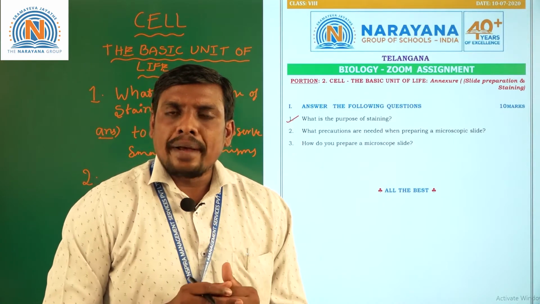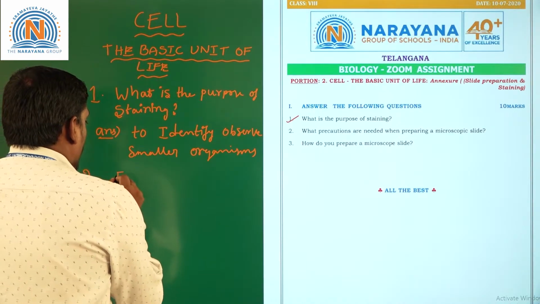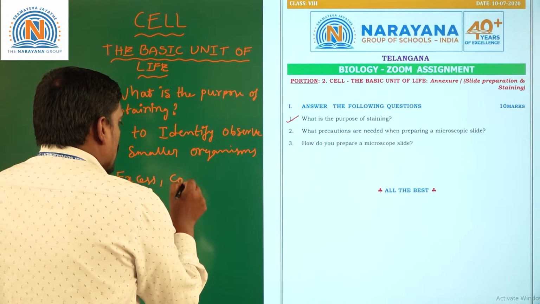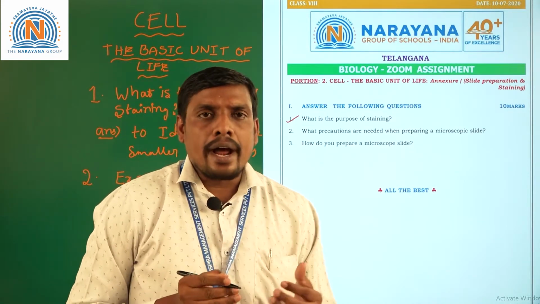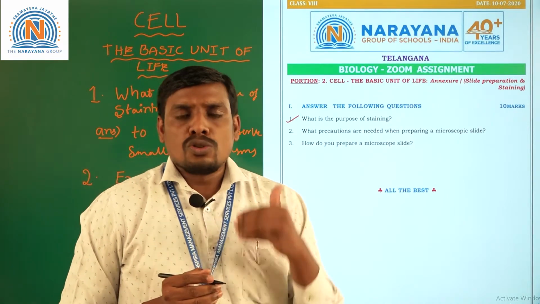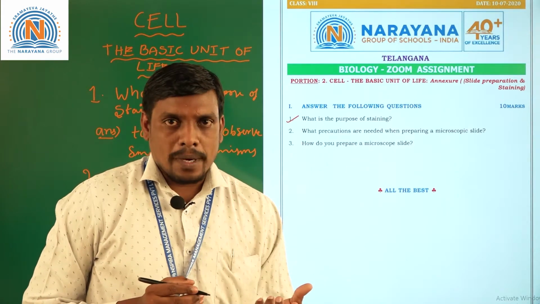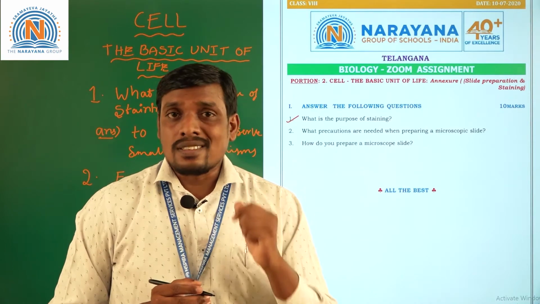We should not add excess dye. What do you mean by dye? The dye is nothing but color. We should not add much color. We should not add much glycerin solution. We should not add much water or water droplets to the specimen that we are taking on the slide.